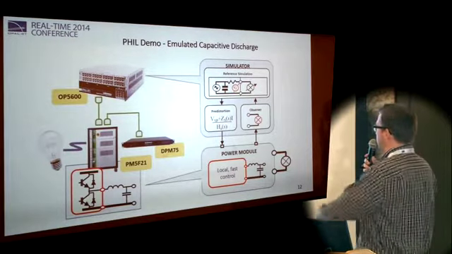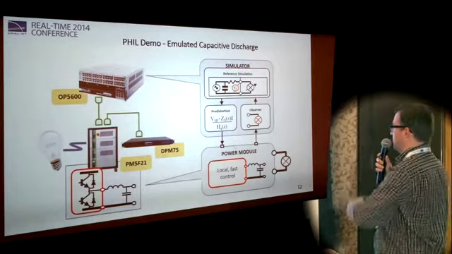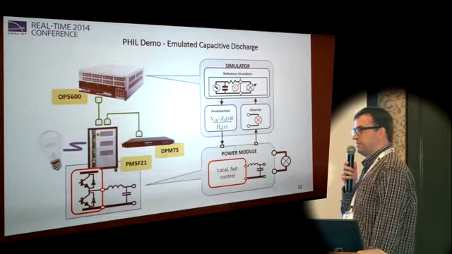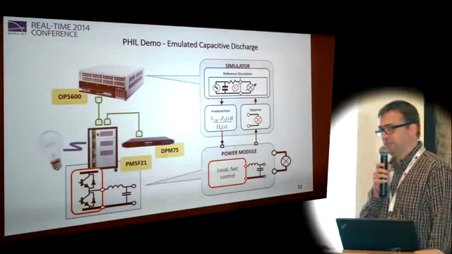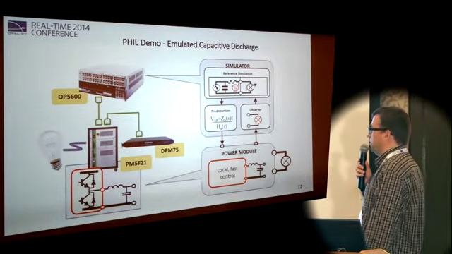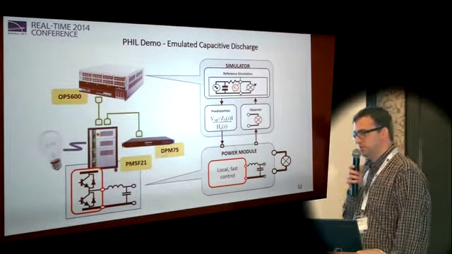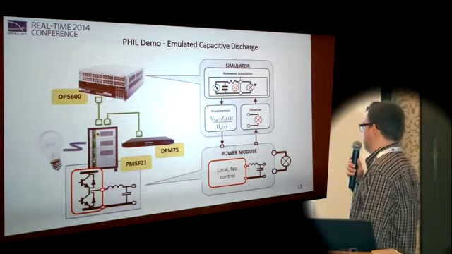If you look at the top figure, to the left is the system being emulated, to the right is the system being physically present. Now, contrary to what is common in many power hardware in the loop setups, the simulation does not only contain the virtual part. We decided to also include a model of the device under test in the simulation.